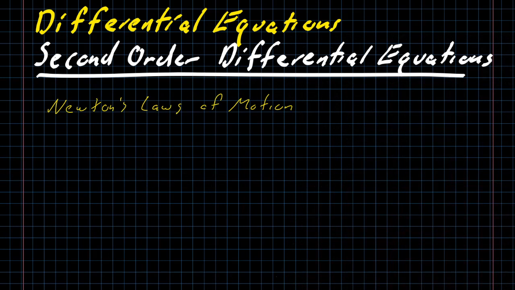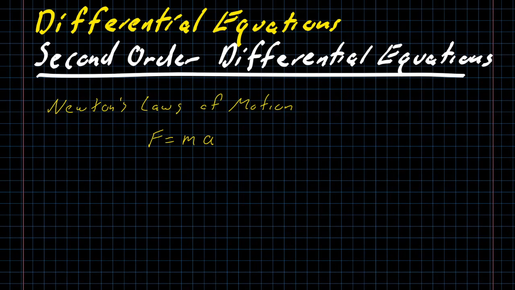There are three laws of motion, and the physics behind them is not interesting because this is not physics class, this is mathematics class. But the formula F equals ma, force exerted on an object is equal to the mass of the object times the acceleration.